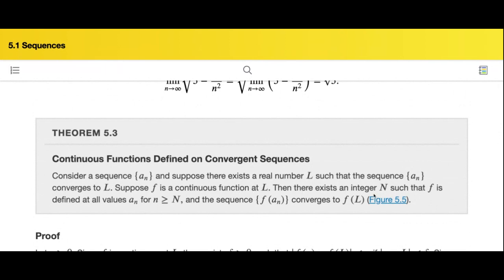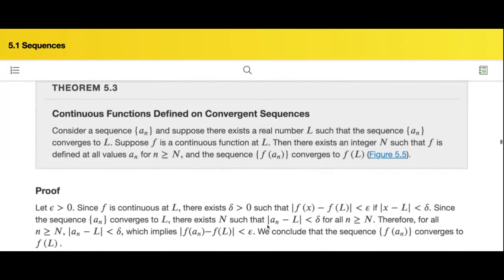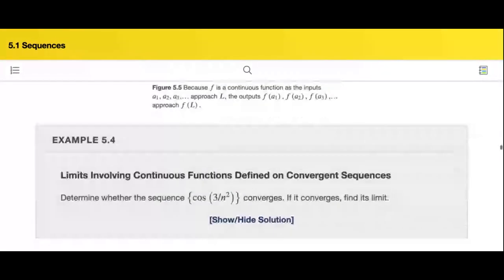Then there exists an integer N such that f is defined at all the terms in the sequence for all n greater than or equal to N, and the sequence f of the nth term converges to f of L. So that goes along with the definition of continuous functions. That's not such a big deal for us.